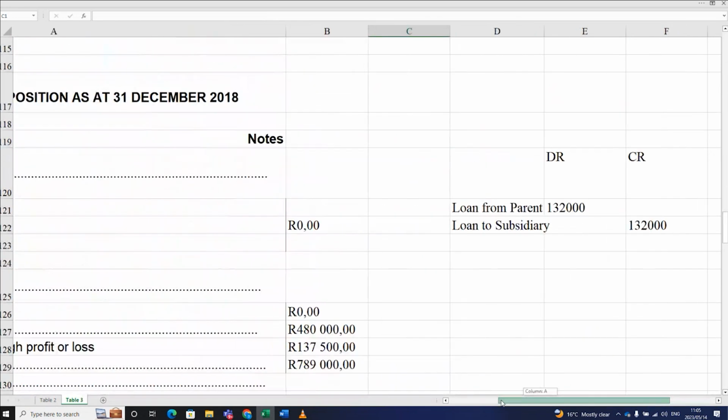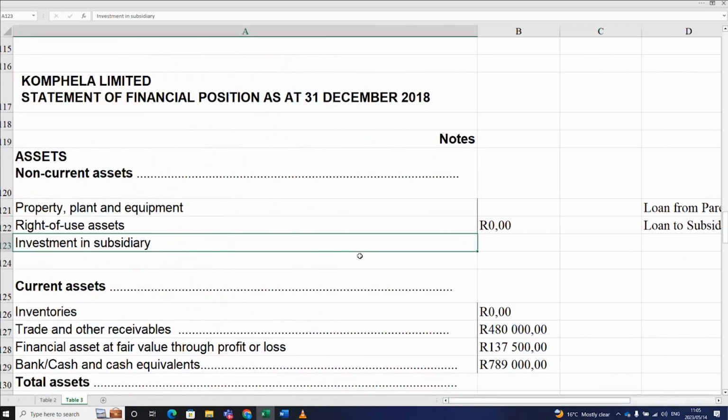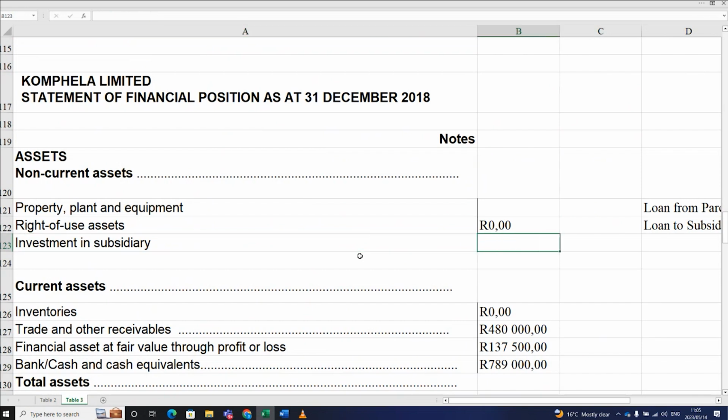For you to see it, here they just have it under one. They don't have the breakdown of it. But essentially, most of the time they'll have it separate. So this investment in subsidiary would normally just be the cost.